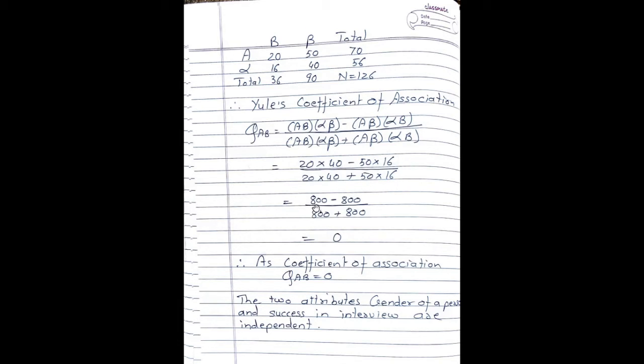So the final answer is 800 minus 800 divided by 800 plus 800. So the value is coming as 0. Therefore, as the coefficient of association QAB is equal to 0, the two attributes, gender of a person and success in interview, are independent.